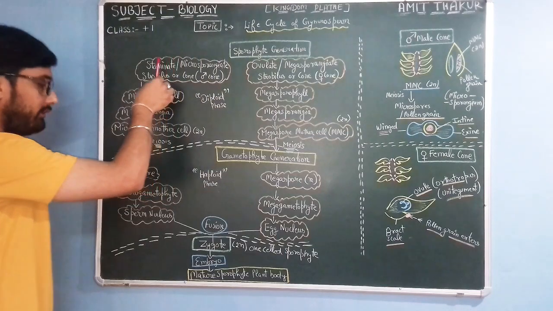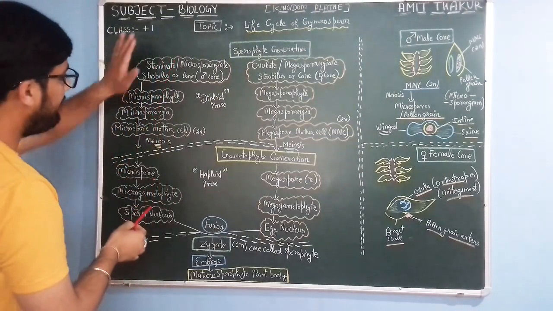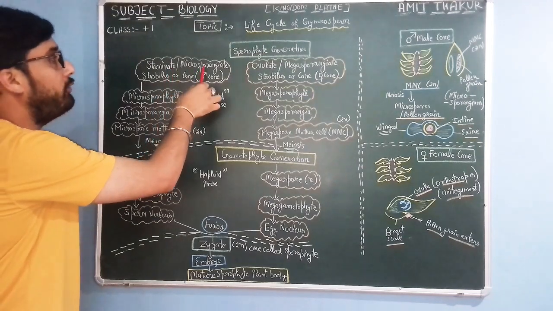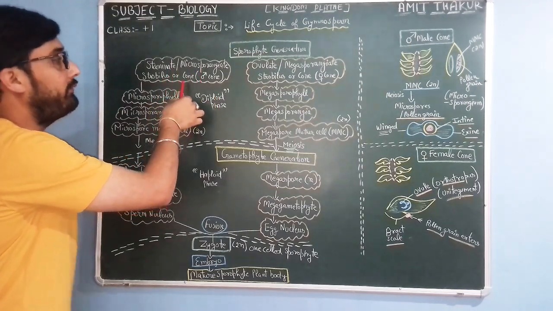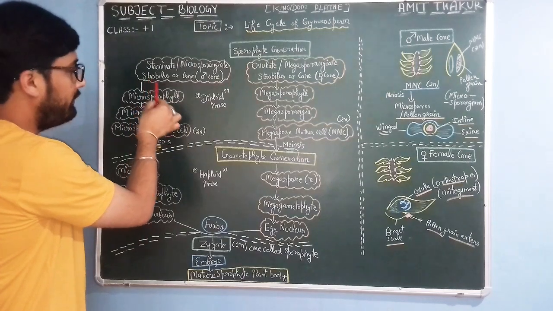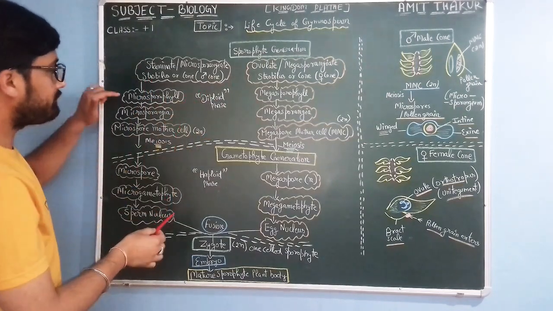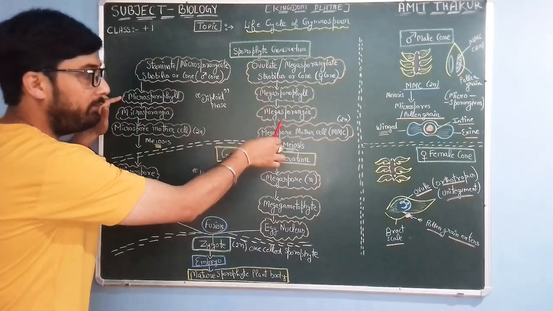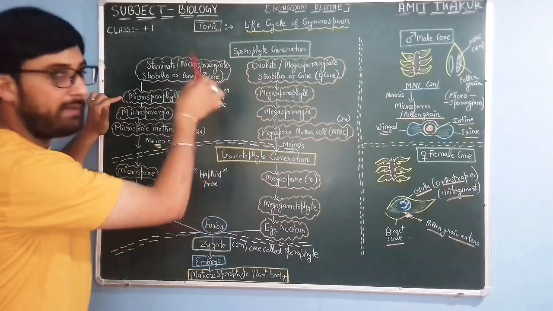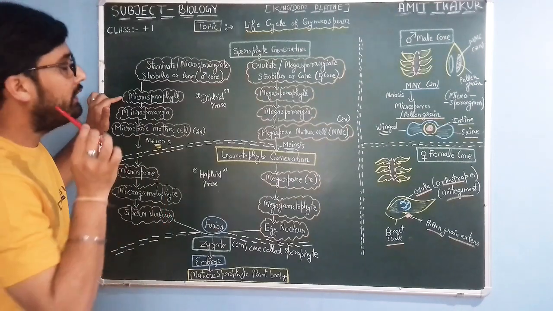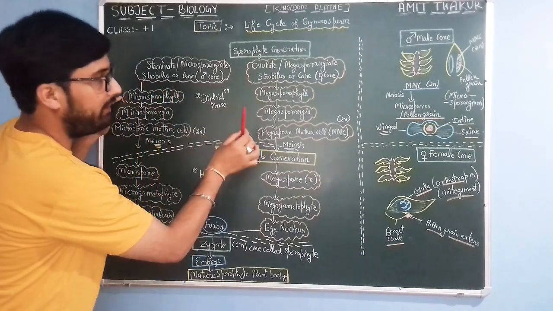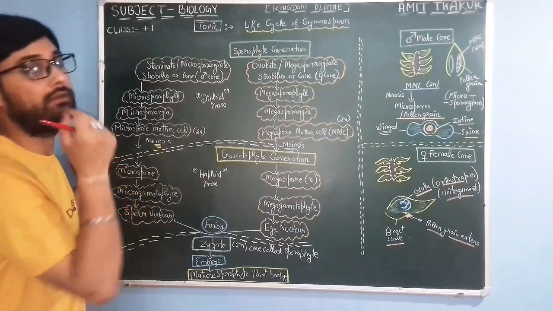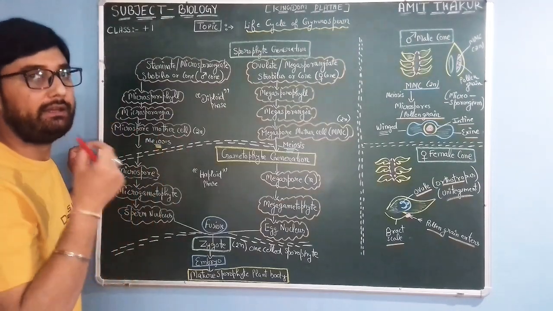Similarly, the male staminate or microsporangiate strobilus or male cone is formed, and from this male cone, microsporophyll. Mega means everything is related to female. When we write micro, microspore means related to the male gamete.